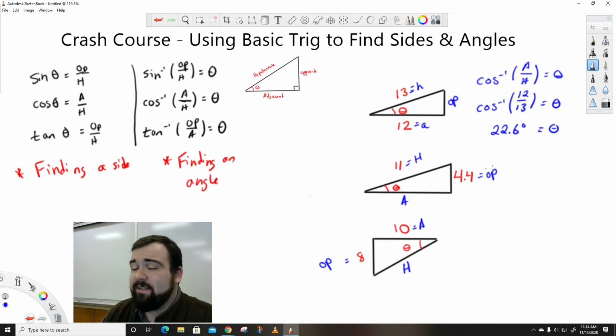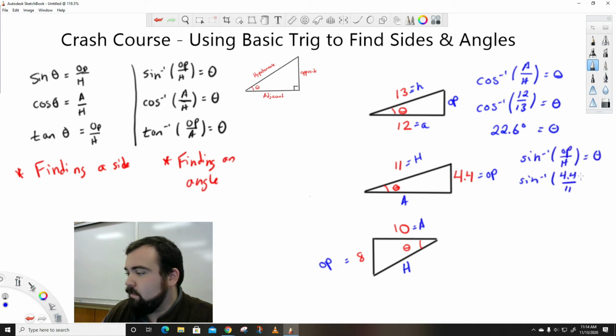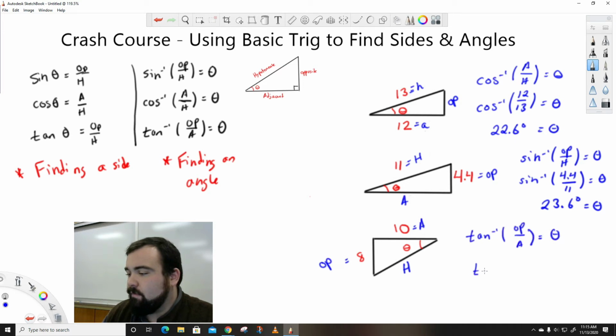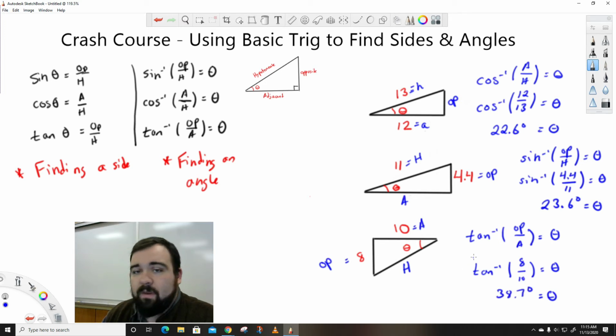So instead of cosine this time, we want to use sine, and again, it's going to be the inverse of that function. That one comes up to 23.6 degrees for that theta. Now for the bottom one, with theta being here, we have the opposite side and the adjacent side. So we're going to use inverse tangent, and 38.7 degrees for that one.